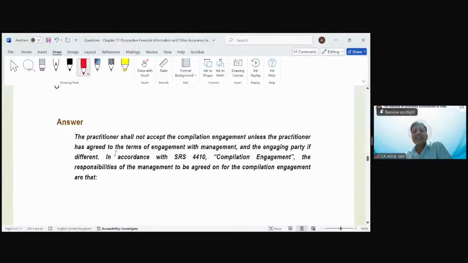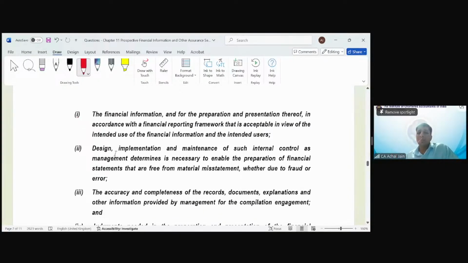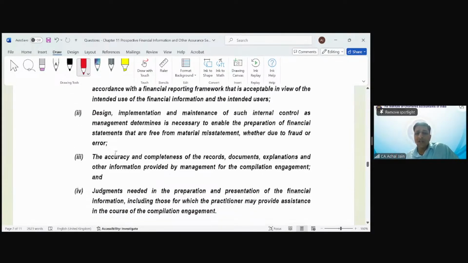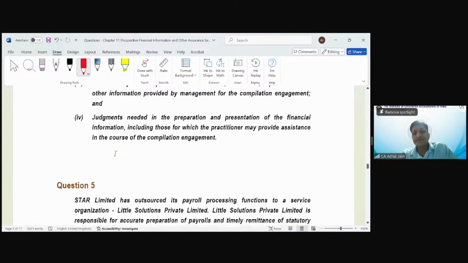So, in accordance with that, what are going to be the responsibilities? That will be about the preparation, design, implementation, accuracy, some sort of these things you'll have to look at.